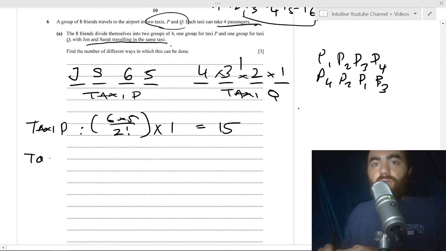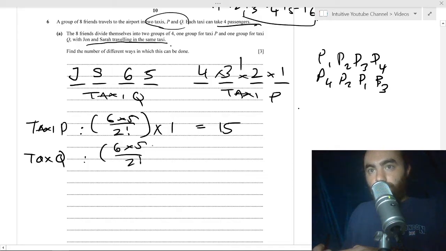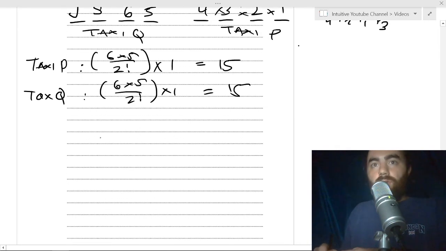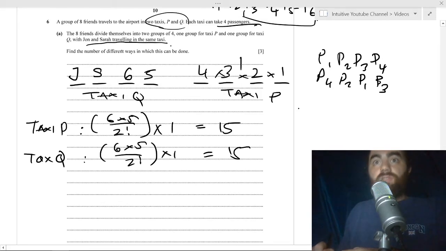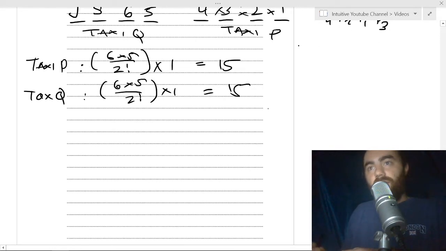So if we put them into taxi Q instead, well, that's another 6 times 5 over 2 factorial times 1 ways. There's another 15 ways. So the total number of ways, considering that John and Sarah have to go in the same taxi, is 15 plus 15. So total ways is equal to 30.